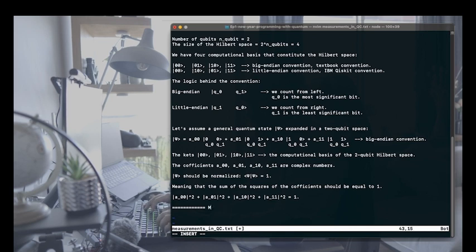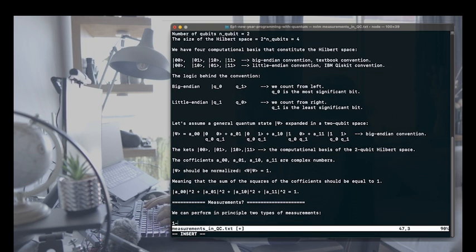Then now we come to the measurements and how we can perform them in principle. And the answer is we can perform in principle, typically, 2 types of measurements. First, we can measure a given quantum state in a particular basis.